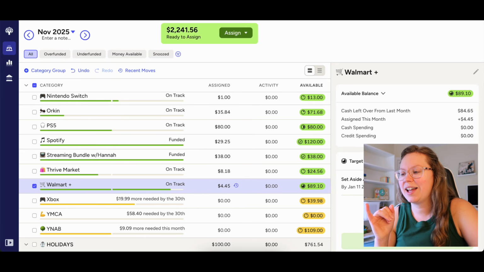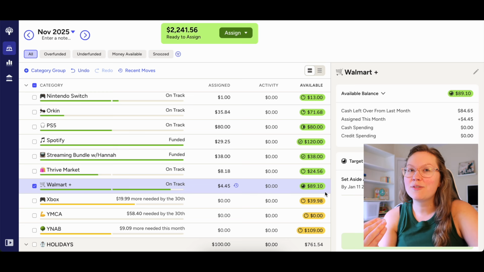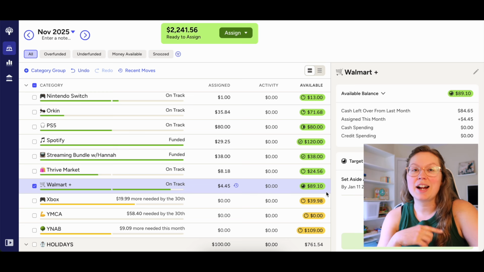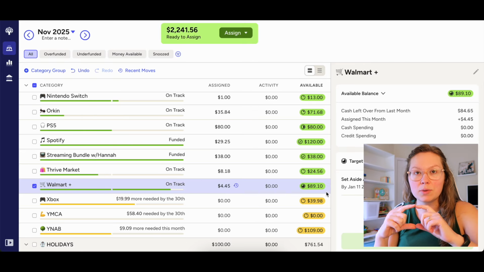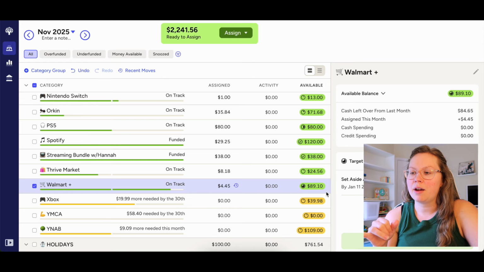Walmart Plus, I actually have a bunch of money in here because I keep saving for it and I keep getting deals. Last year, I actually got the whole thing for free because of credit card rewards. They had little extra rewards where if you save this reward, you get this much off Walmart Plus. But I just went in there because my subscription is coming due, and this is gonna be my 3rd year of having it.